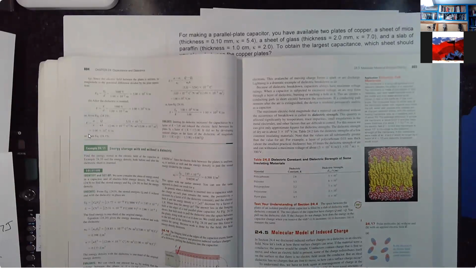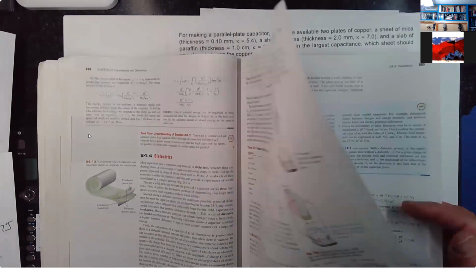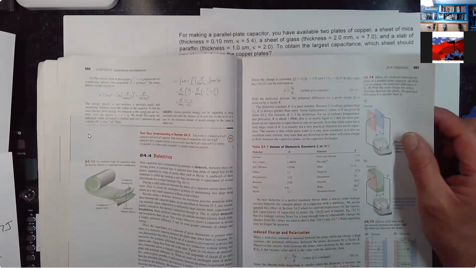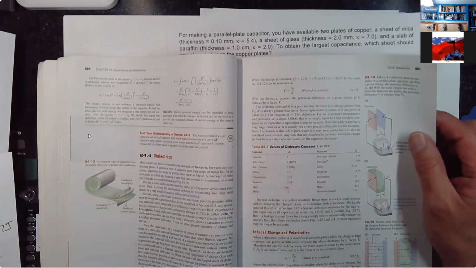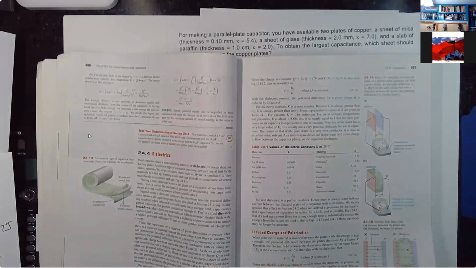So, yeah, somewhere I've seen it, it might have been in a different book that I used to teach out of, but when they had the values of the dielectric constant, they also had the dielectric strength next to each one of them, which was kind of interesting to see.